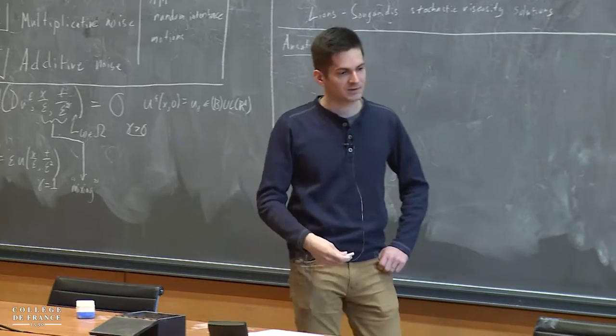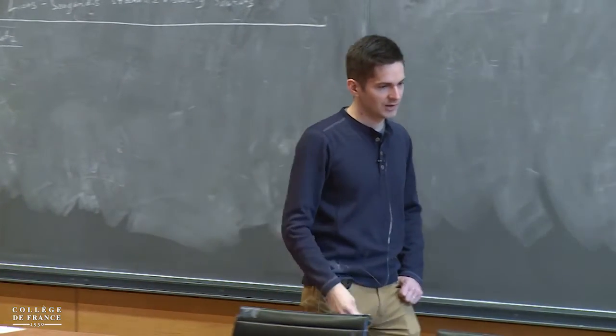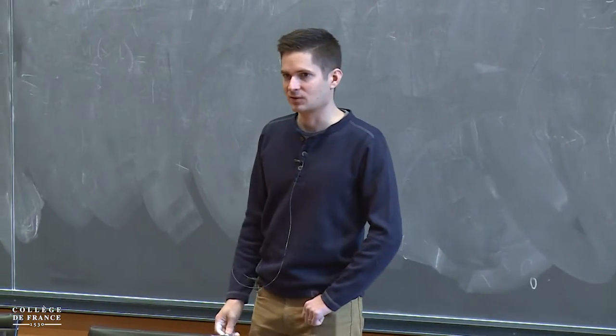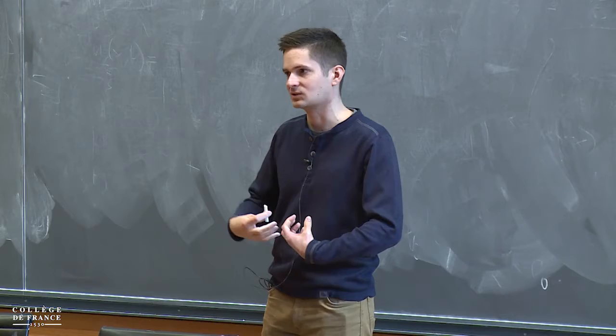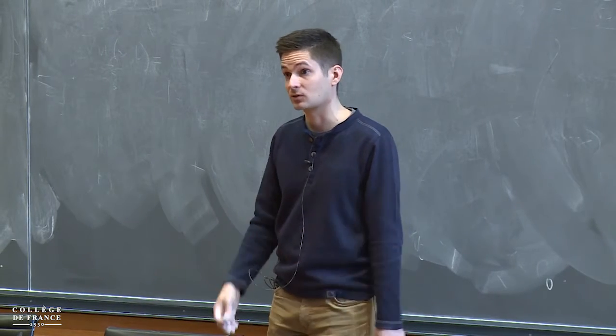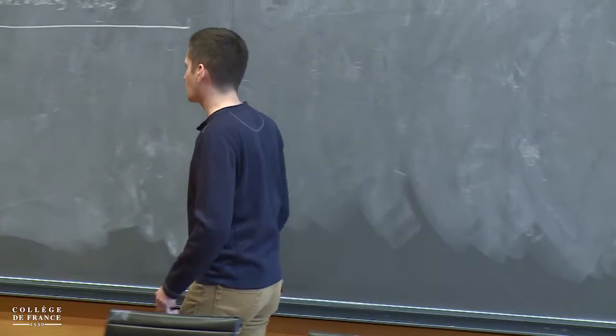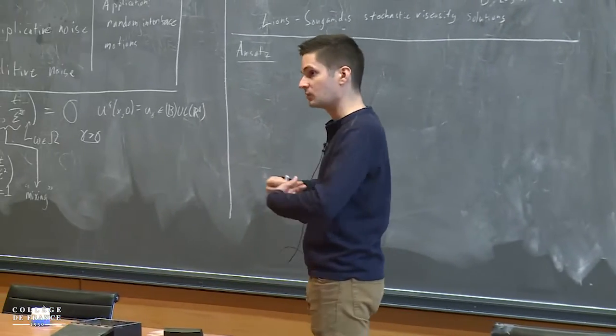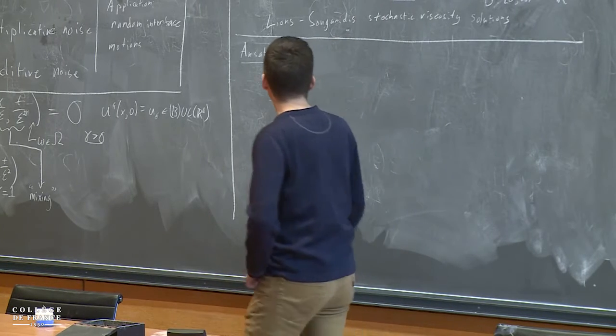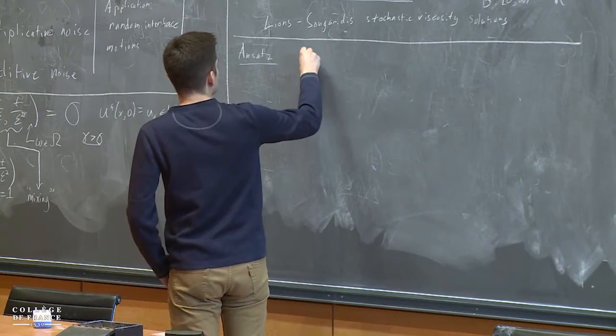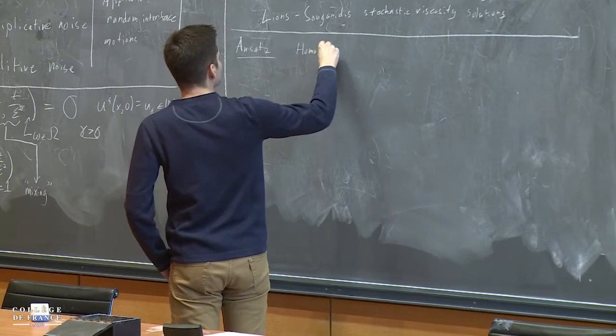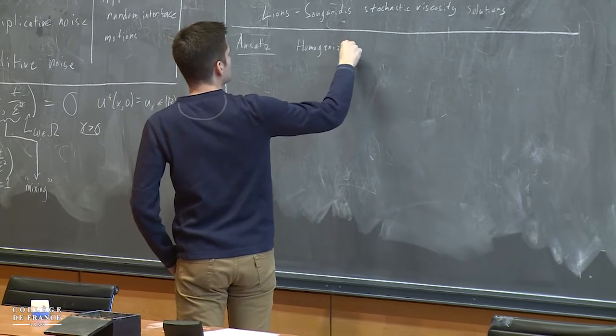One is the whitening in time, and the other one is the averaging in space. And my first ansatz is going to be that the homogenization is happening much faster than the temporal oscillations. So much faster with respect to the oscillations in time. So in other words, homogenization in space happens first.